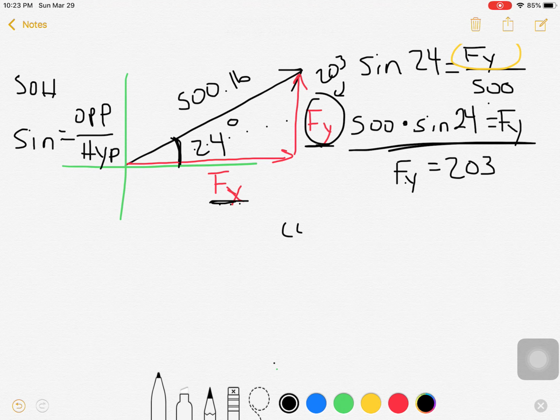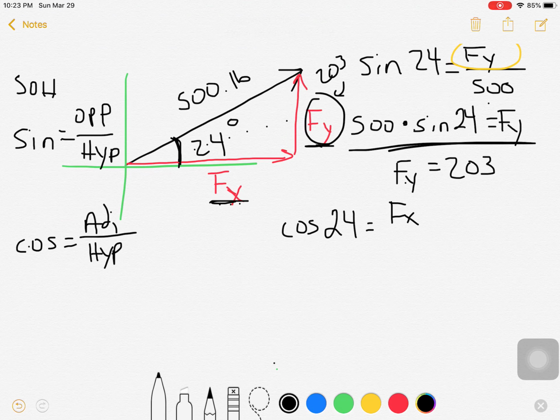So we will say that the cosine, and remember, cosine is adjacent over hypotenuse. The cosine of 24 degrees equals Fx over 500.